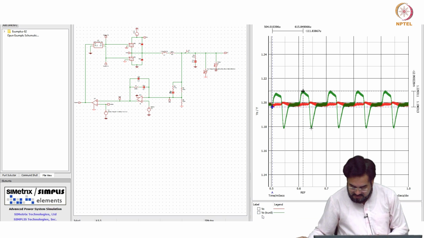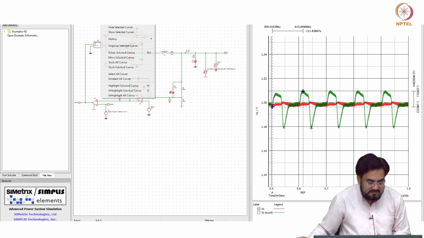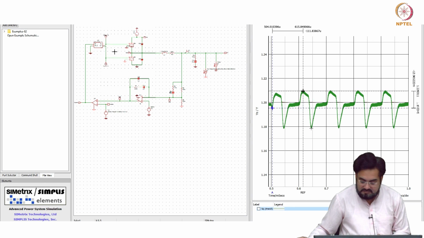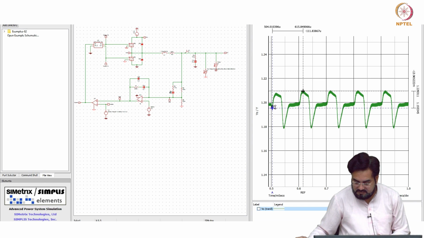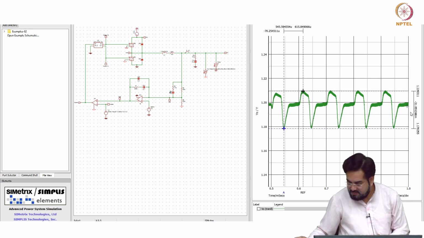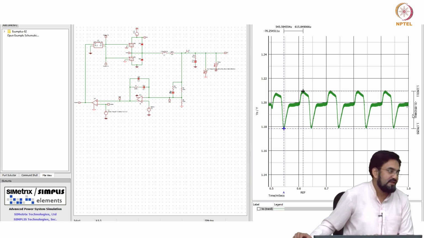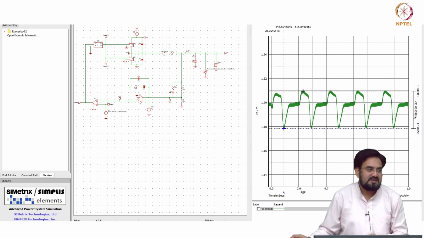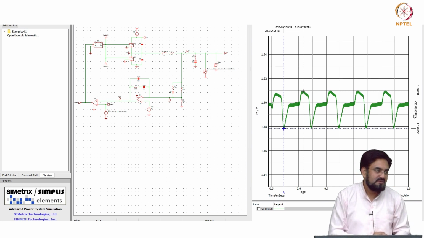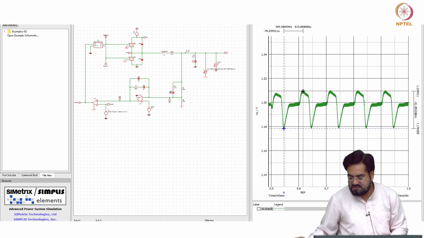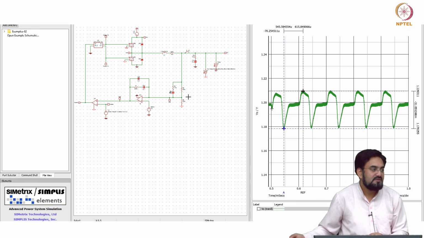Anyway, let me delete this one. 30 millivolt. Okay. In the previous case, it was very comparable to your ripple. So you get significant suppression by adding those poles.